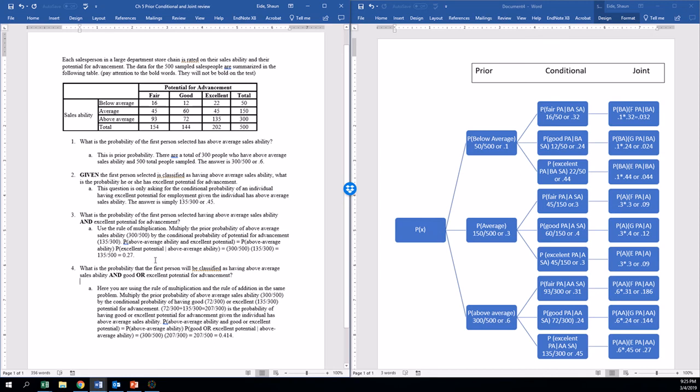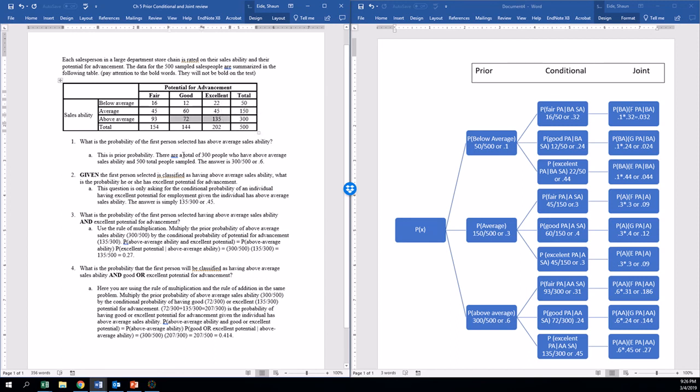So what is the probability that the first person will be classified as having above average sales ability and good or excellent potential for advancement? The first thing, what is the probability that an individual will have above average sales ability? That's going to be 300 out of 500. And then it says, and good or excellent. So we're looking at these two, good or excellent potential for advancement.